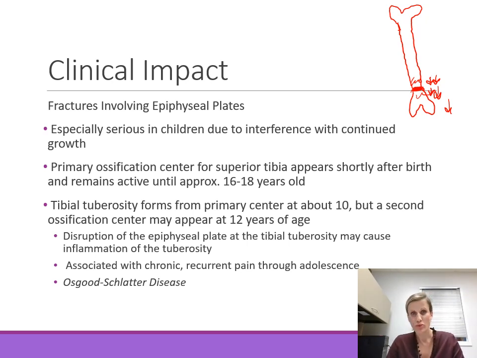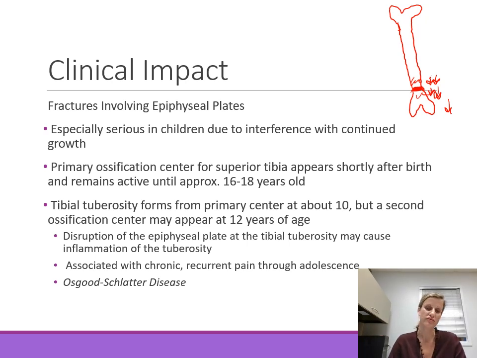The tibial tuberosity, which is, remember, the little bumpy protrusion on the superior and anterior area of the tibia, develops a primary ossification center at about 10. Sometimes a secondary ossification center will also show up around 12 years old. But this primary center that's present around the tibial tuberosity can be disrupted by a fracture in the area.